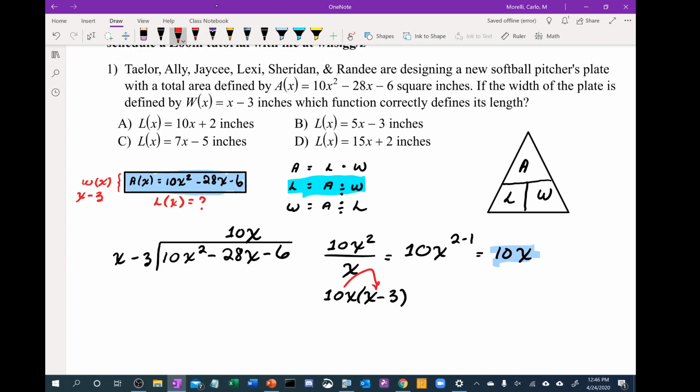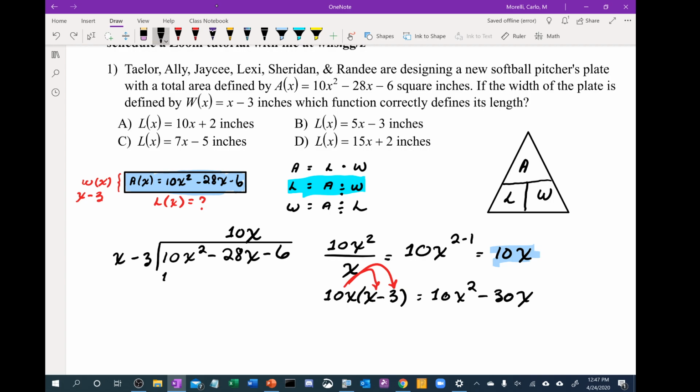We'll use distribution to get rid of these parentheses. 10x times x equals 10x squared. 10x times negative 3 is negative 30x. This gets written right beneath its matching terms of the dividend.